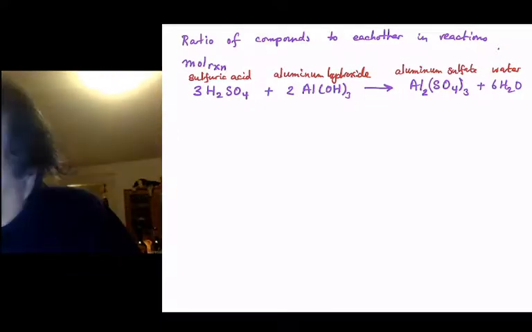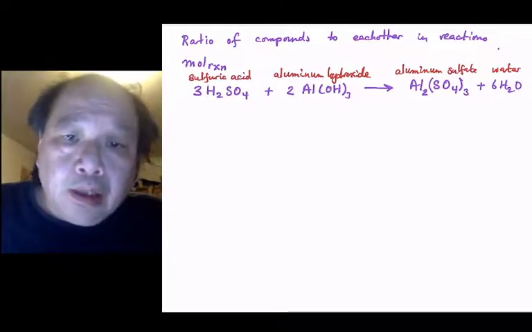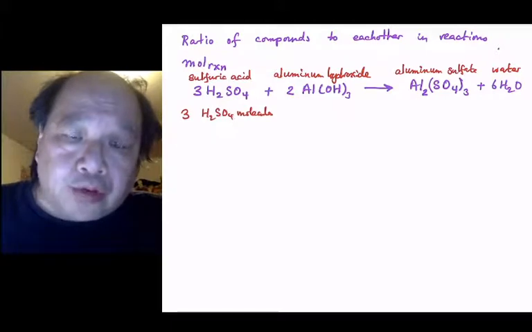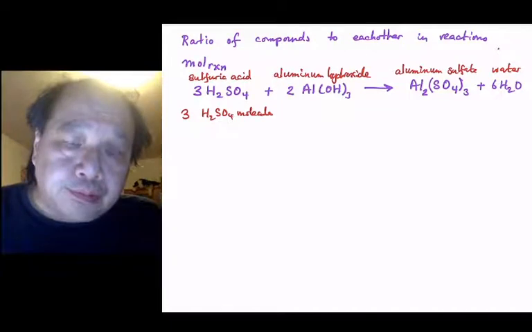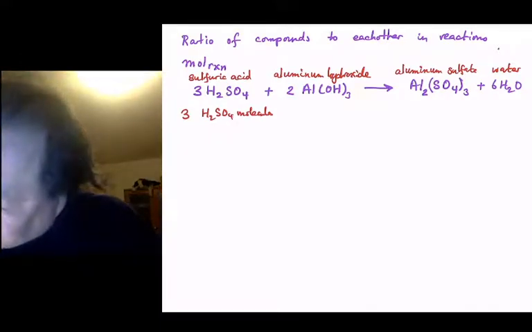So if I have 3 H2SO4 molecules, that would be enough. 3 H2SO4 molecules would be enough to run how many times the reaction? Well, the reaction asks for 3, so you can run the reaction one time.